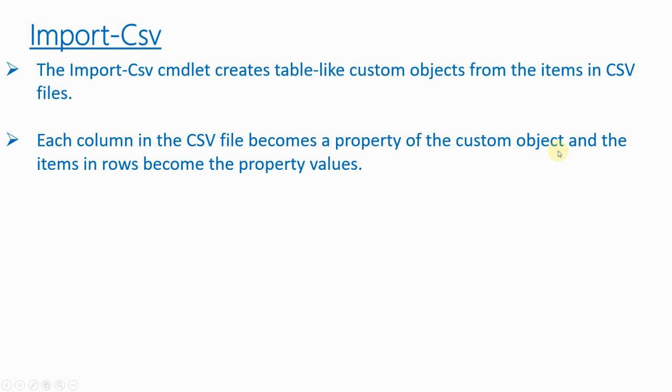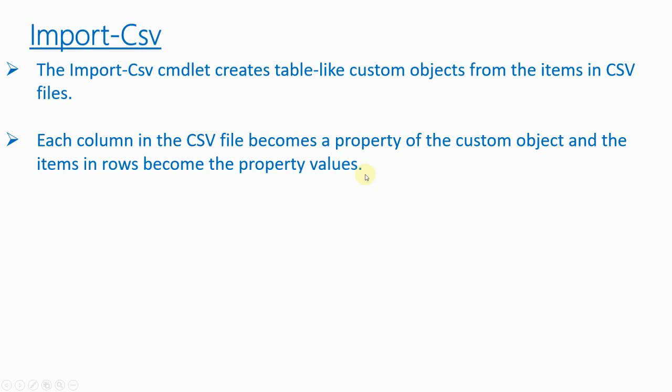After we import the data from CSV to PowerShell, each column of the CSV file will become a property, and whatever item is in each row will become the property values.